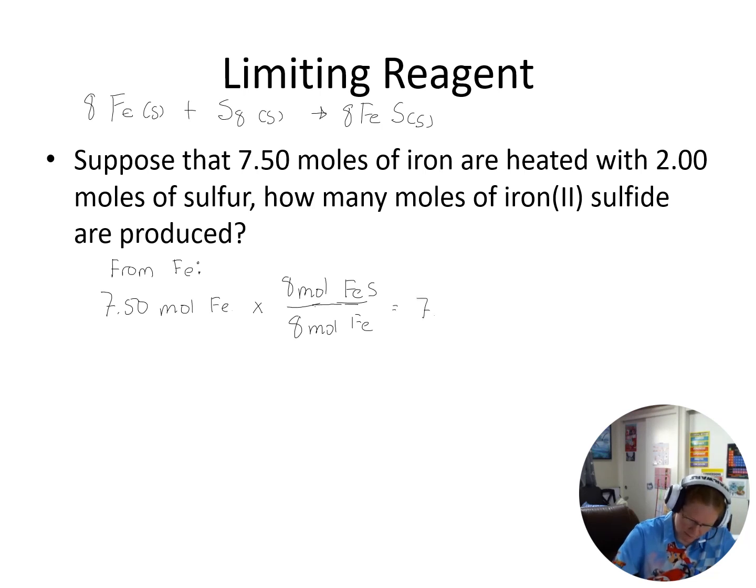And we get 7.50 moles of iron(II) sulfide. Okay, so that's how much iron(II) sulfide we can form from our amount of iron. Now from the sulfur. Okay, we're going to start with 2 moles.